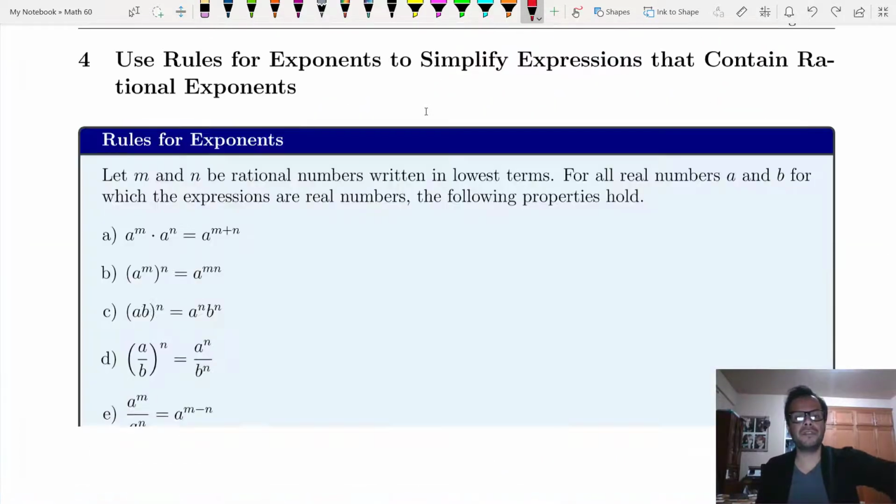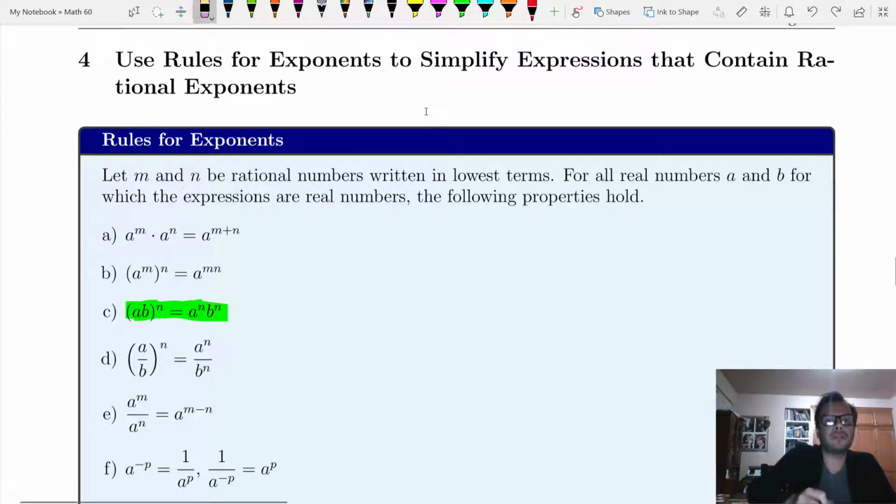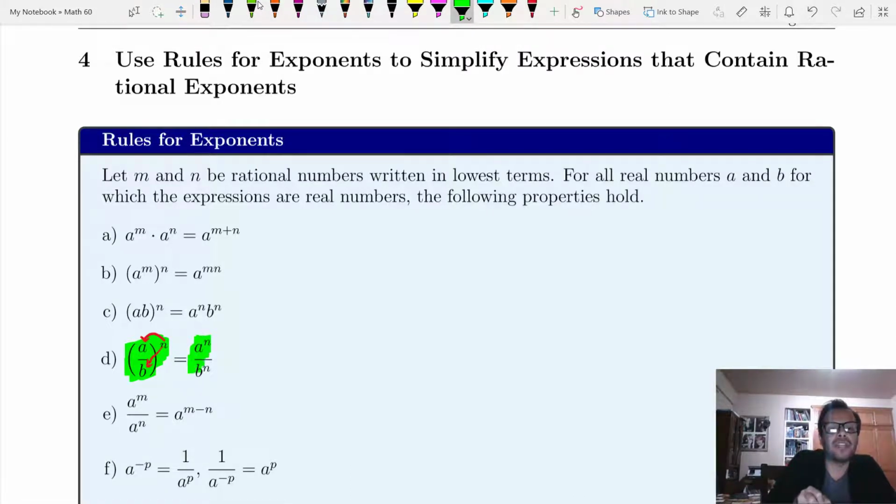Then, when we have a quotient of two quantities raised to a power, what do we do? Distribute the power to each of the numerator and the denominator to obtain what we have over here, a to the n divided by b to the n.